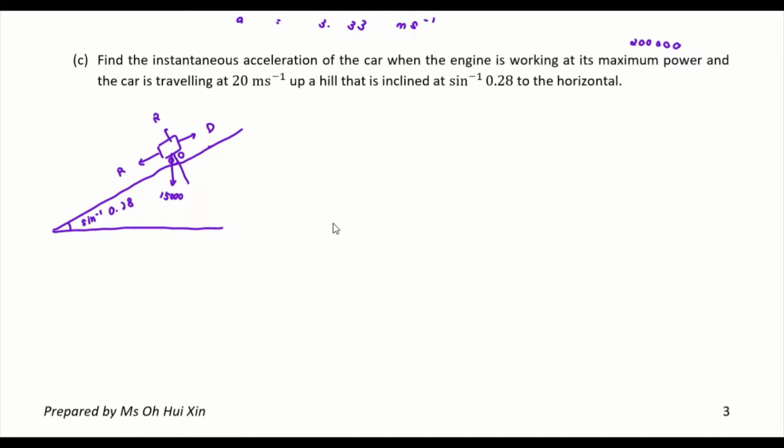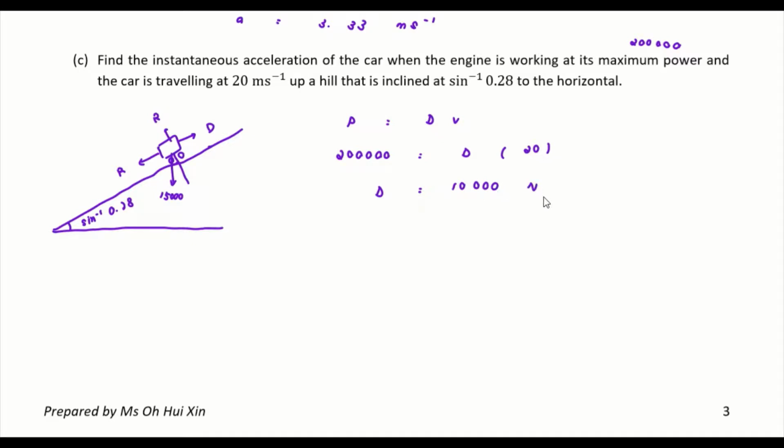Now when we look at this, the same thing, we can find out the driving force first. Power is equal to D multiplied by V. Power is 200,000, and the velocity is 20 meters per second, so D is equal to 10,000 Newton.